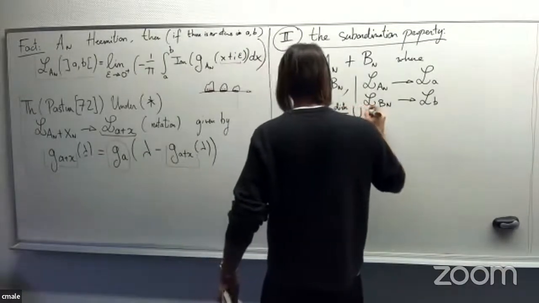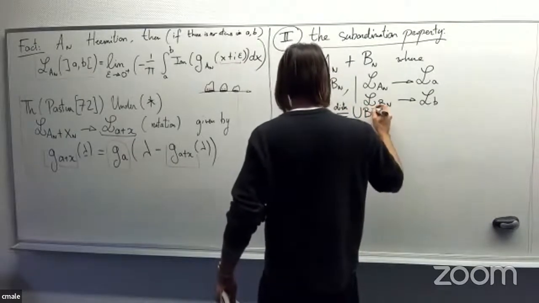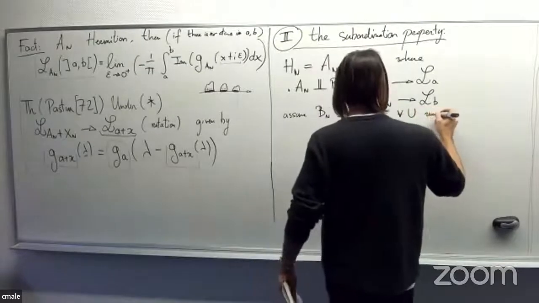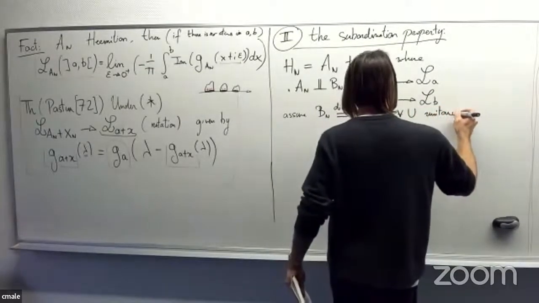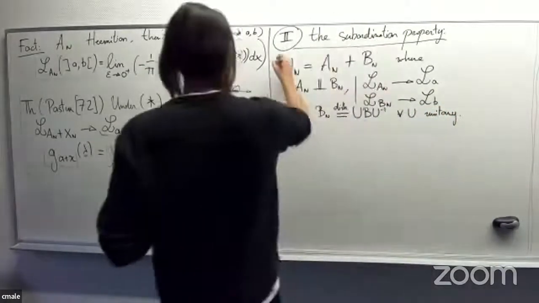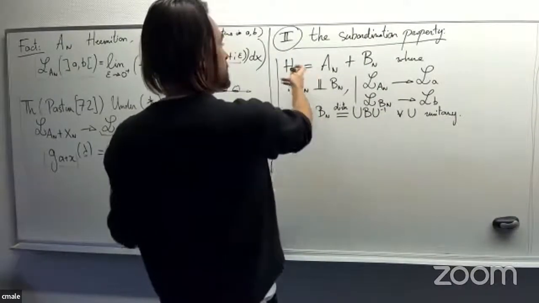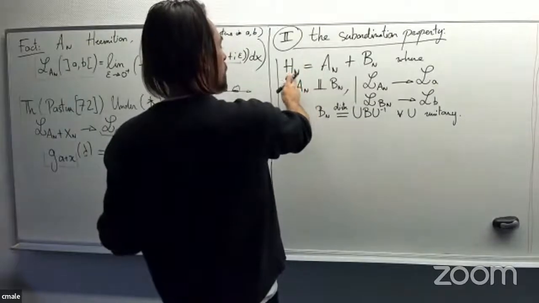It is equal in distribution to the matrix U B U^-1 for all unitary U. And so I address the question: what is the limiting empirical eigenvalue distribution of H_n?